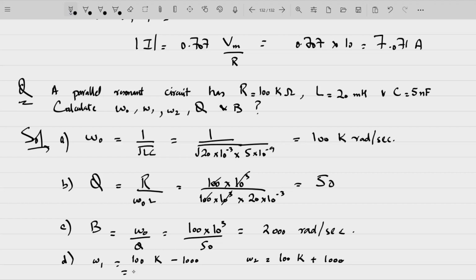So omega 1 is 99 kiloradians per second. Omega 2 here is 101 kiloradians per second.